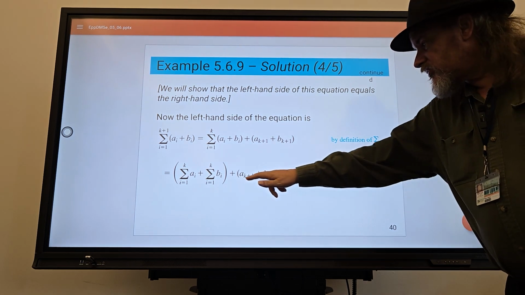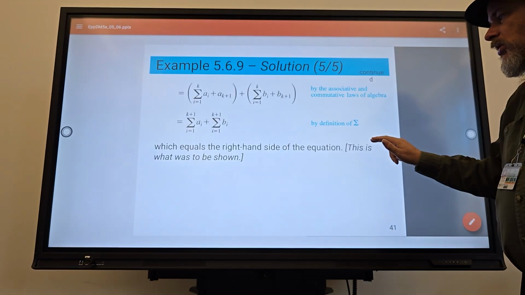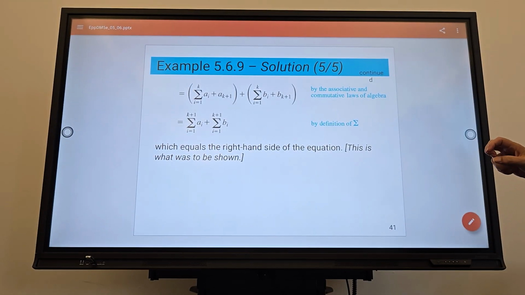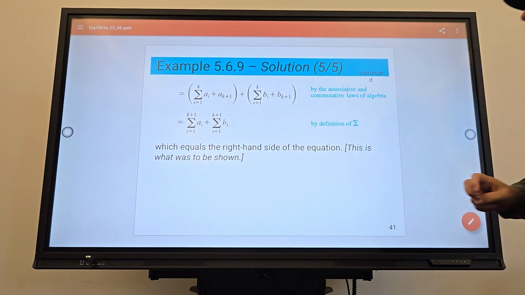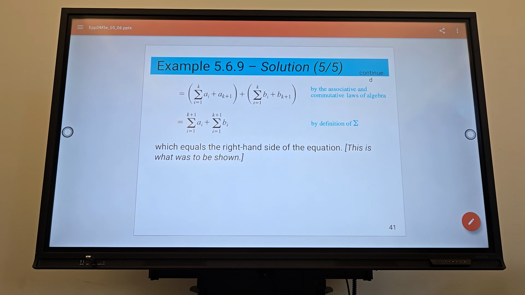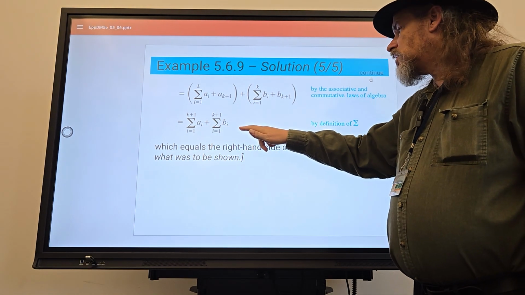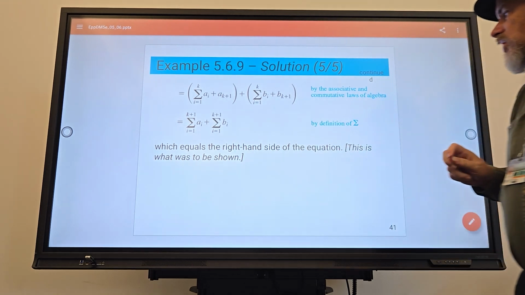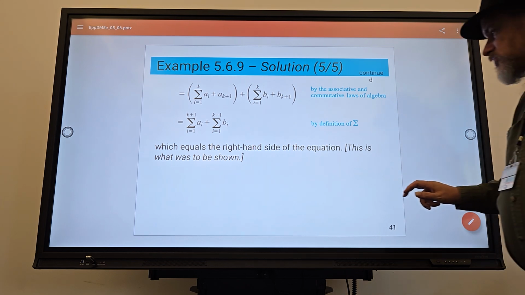By the inductive hypothesis, we can make that substitution. And by associative and commutative laws of algebra, make this substitution. And then combine them to make this by the definition of the summation, which equals the right-hand side of the equation. And that's it for that section.